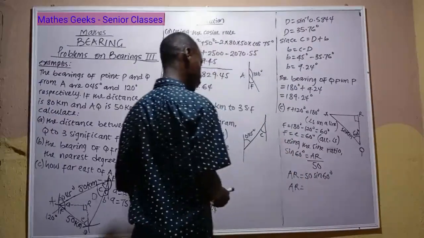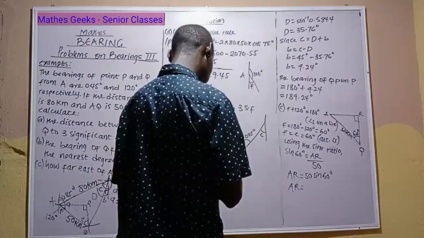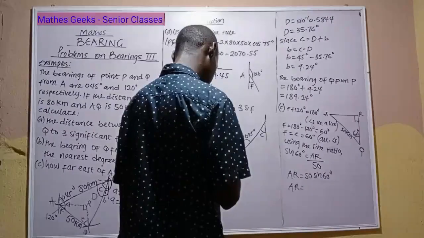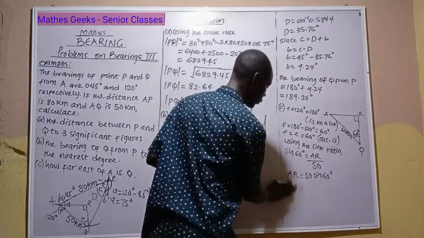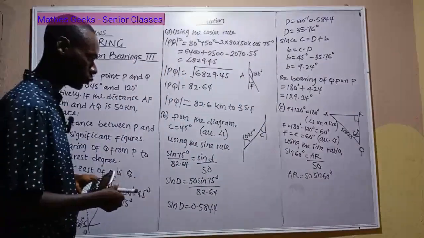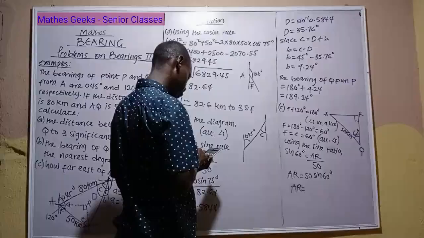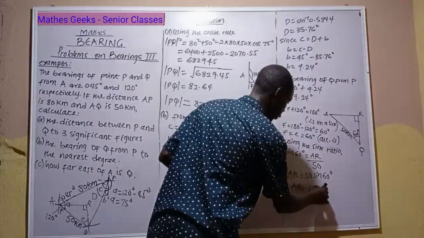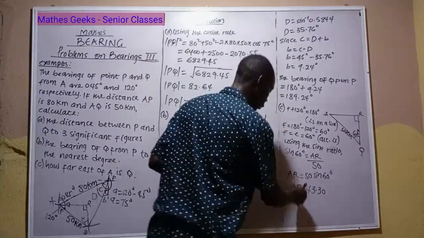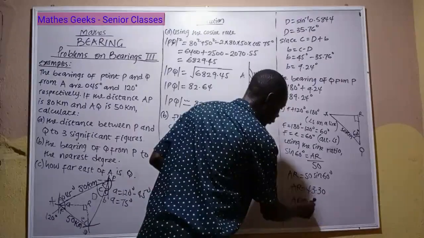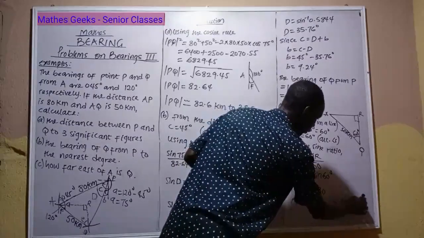AR is equal to 43.30. Since it's a distance, I'm going to get my figures correct to approximately 3.3 kilometers, two significant figures.